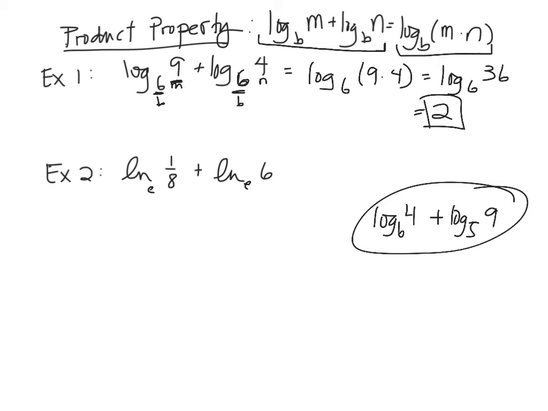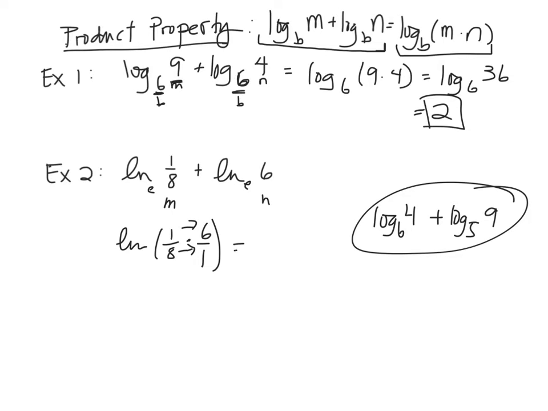Our m is 1 over 8. Our n is 6. So we just multiply: 1 over 8 times 6 over 1. And when we multiply fractions, we multiply straight across.